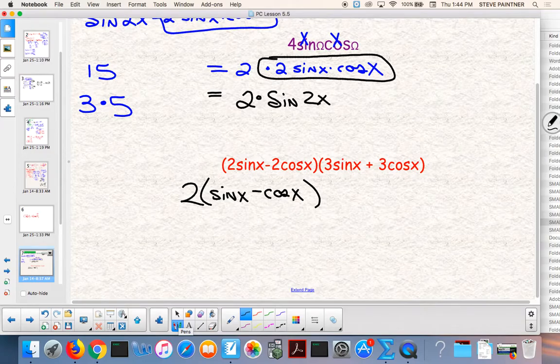That works, right? The only thing is sine of x minus cosine of x doesn't look like your double angle formulas. So it didn't quite help us yet. What about the next factor? Take out a 3, yeah. So it says 2 times this times, now you're going to take out a 3, I think, right? And you'll get basically this, right?